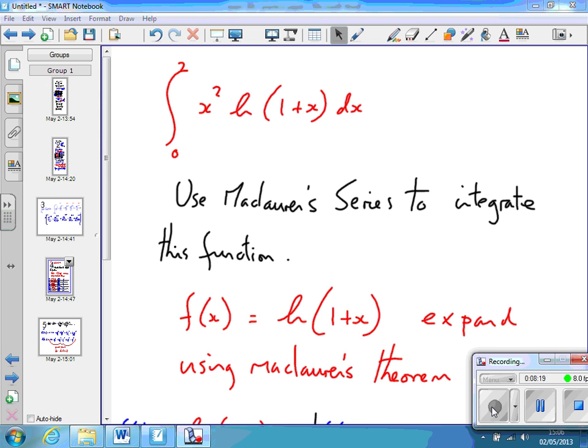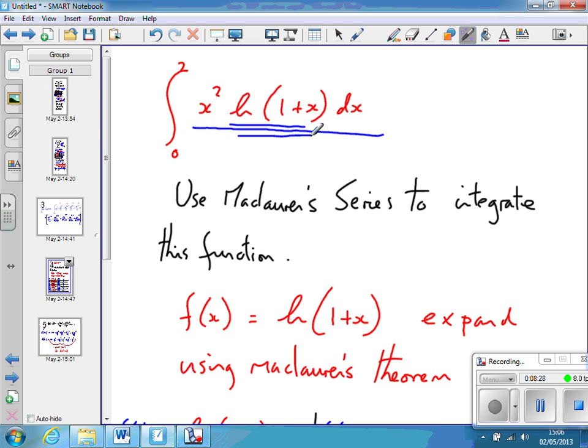So looking back to our original problem here, we had to integrate this. So now we can replace log 1 plus x with its power series. Okay?